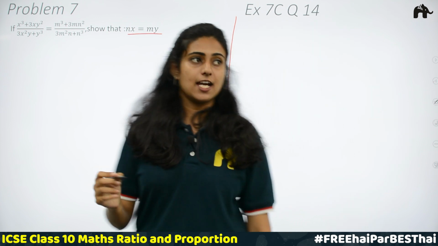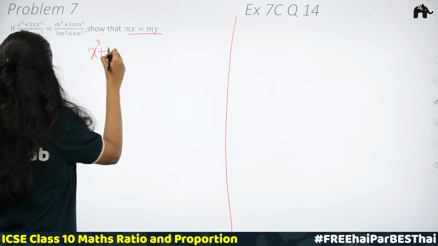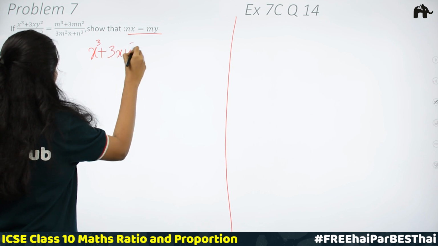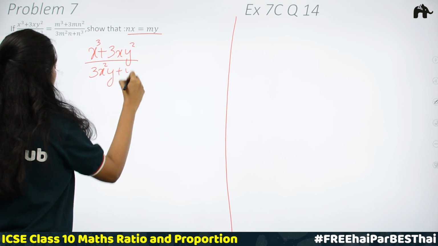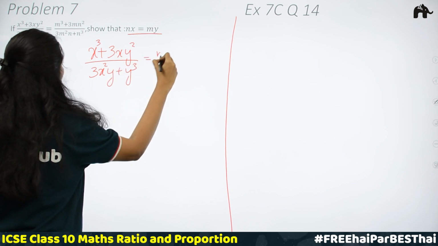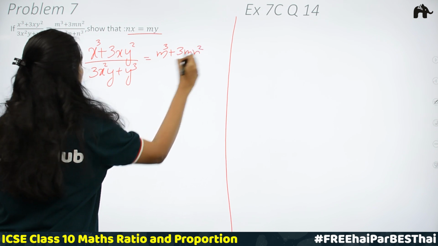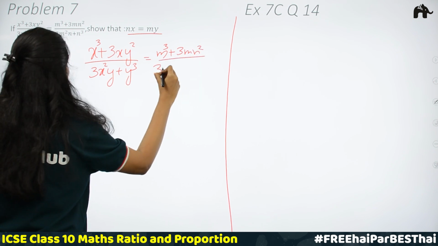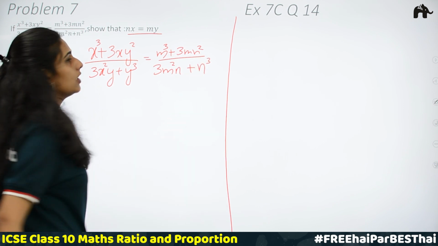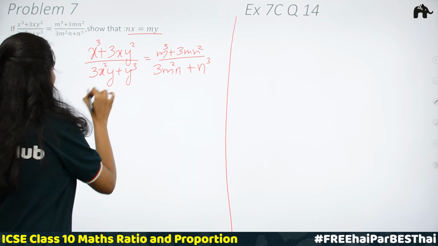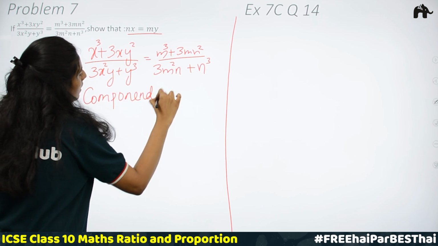Okay, let's start. We have (x cube plus 3xy square) divided by (3x square y plus y cube) is equal to (m cube plus 3mn square) divided by (3m square n plus n cube). Here we are going to apply the componendo and dividendo property.